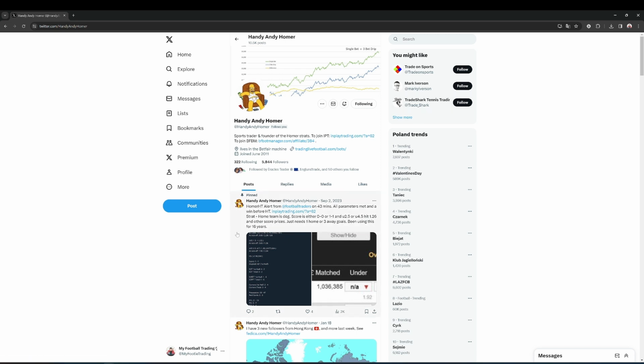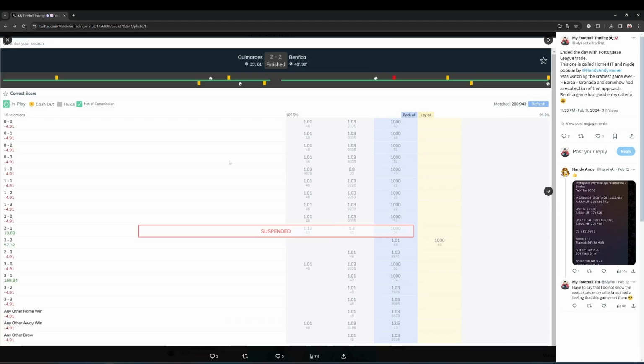So he is trying a number of different strategies. He's also building some automations. But the one I want to talk about is this HomerHT strategy that I've tried a couple of days ago in the Guimarães-Benfica game. It worked pretty well.